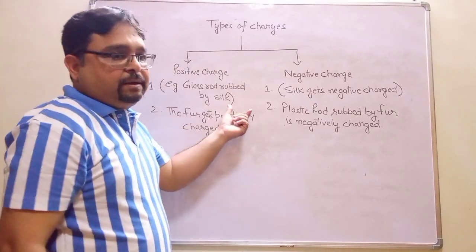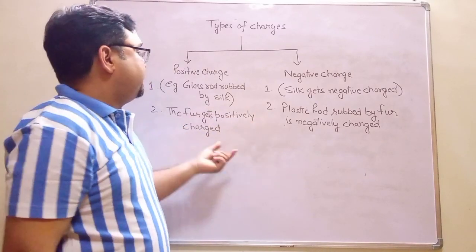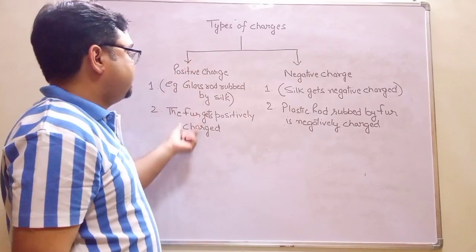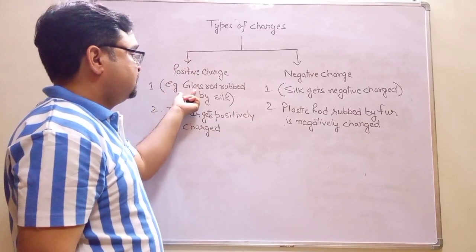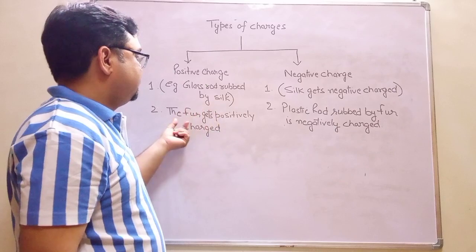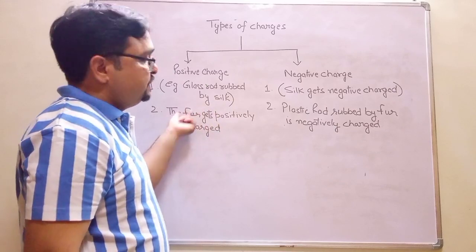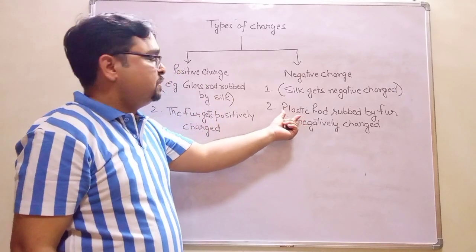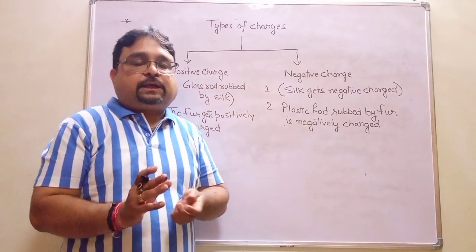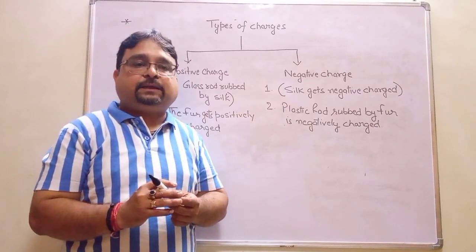One important point here to note is that the positive charge appears on the glass rod which is being rubbed by silk, and on the fur which is used for rubbing the plastic rod. So we know opposite charges attract each other.